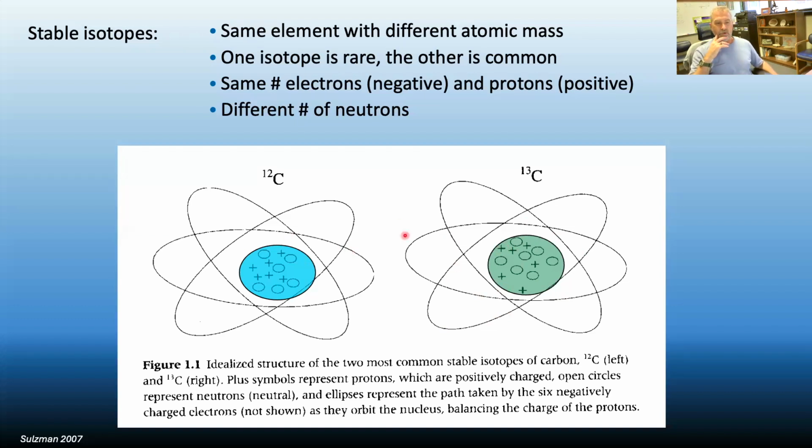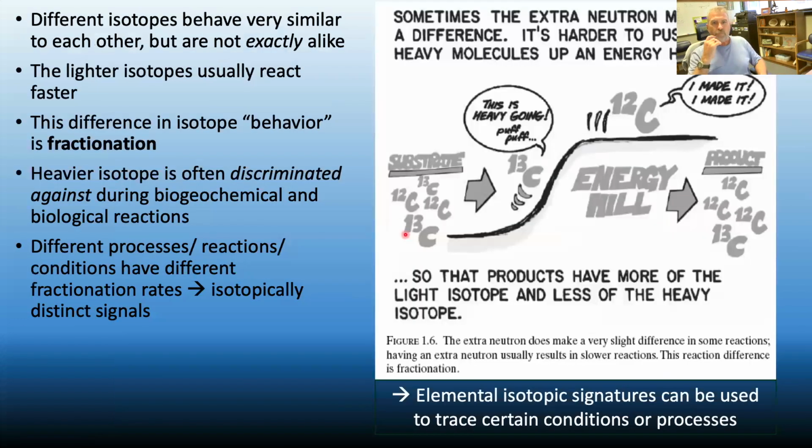All right, so different isotopes behave similarly to each other because they have the same number of protons. And remember, when you look at the periodic table, the protons really are the defining component of an element that determines whether it's one thing or another thing, right?